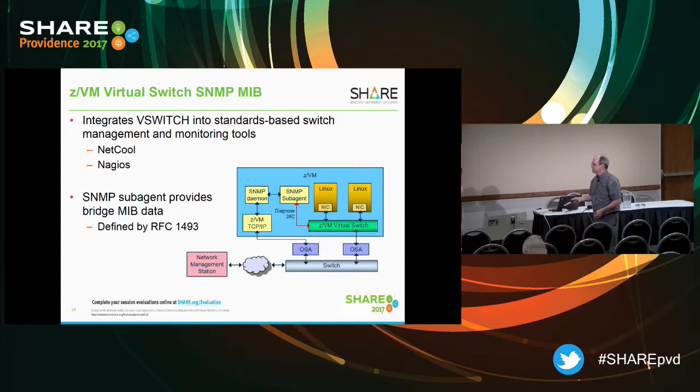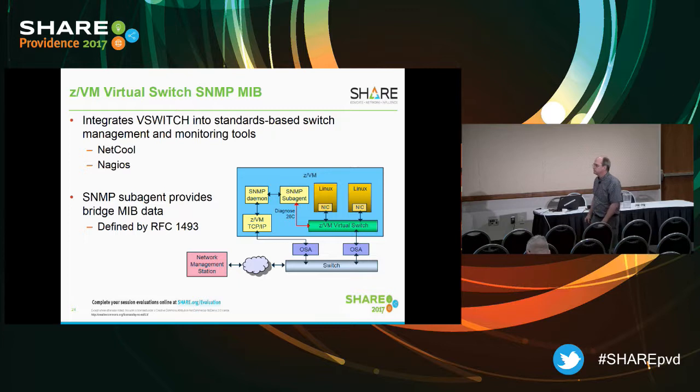Every virtual switch can be effectively given an IP address that represents the virtual switch. And if a status changes on virtual ports or the uplinks, it will report through SNMP that I've generated a trap saying this port went up, port went down. I haven't really heard of anybody doing this, only because when you reboot a virtual switch, you've rebooted your whole system, typically. It's just part of that.